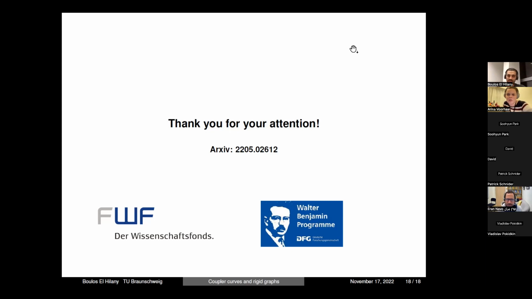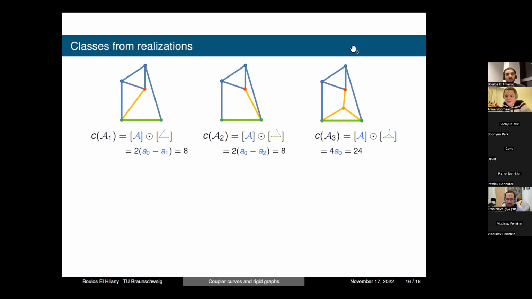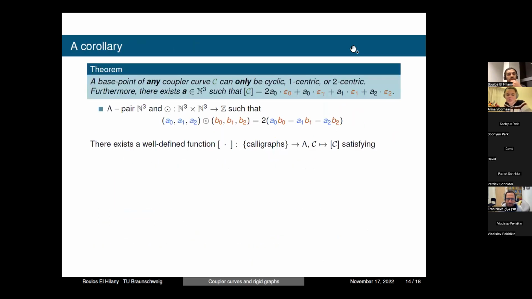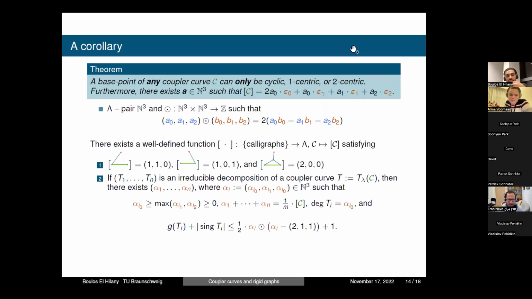I have a question. If we're talking about singularities of the coupler curves, is there any intuition behind what it means geometrically, and why it would be interesting to study them? The way we look at singularities is we just take the classical definition from algebraic geometry, the dimension of the quotient ideal when you take partial derivatives.